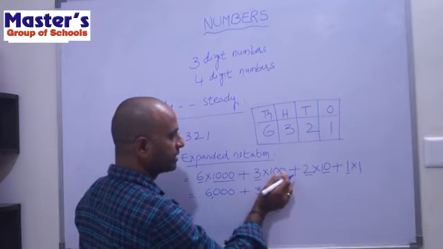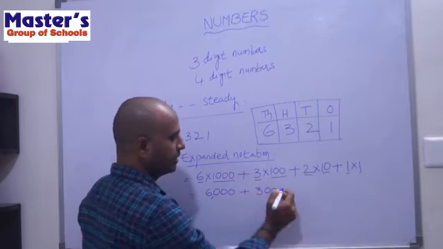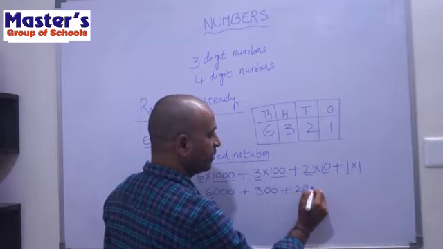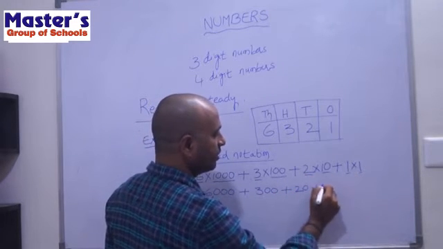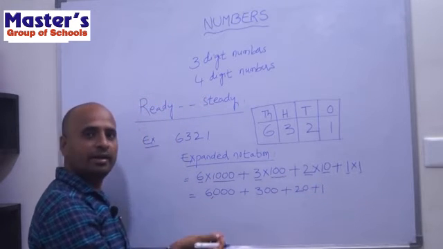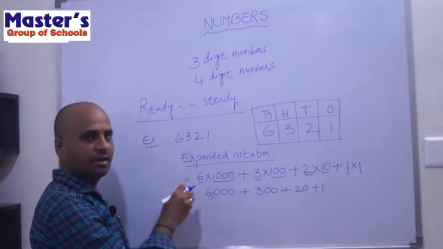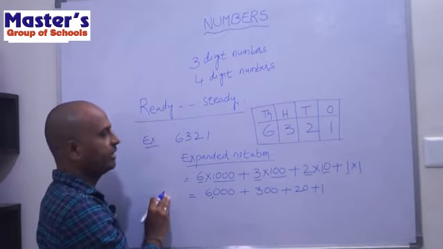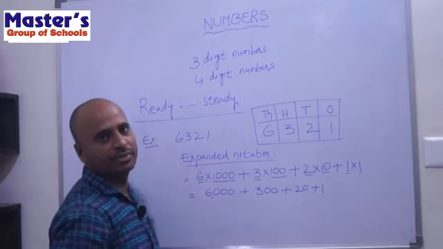Place the 2 zeros after the 3. Plus 2 into 10, which is 20, plus 1 into 1, which is 1. So this is the expanded notation which we have already learnt in 3rd class. This is the way of writing expanded notation for 4-digit numbers.